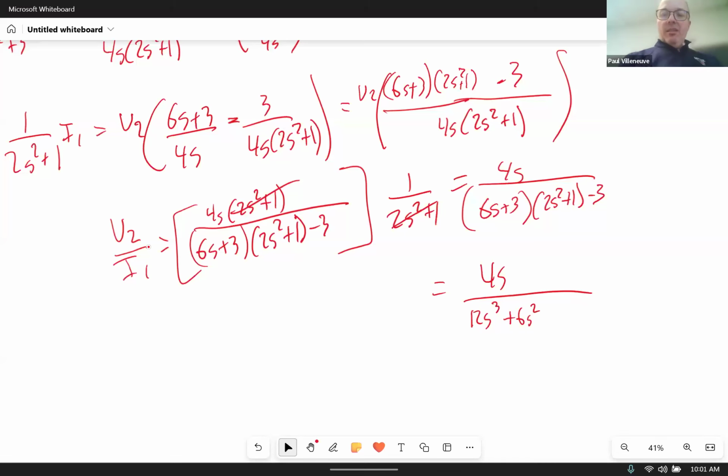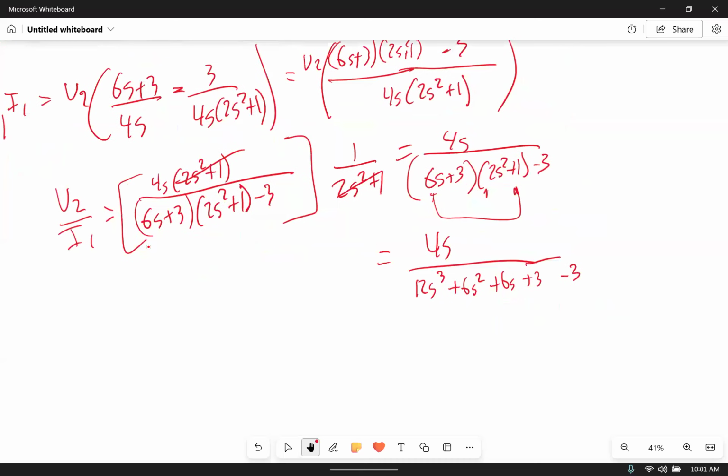The outer is plus 6s. Wait a minute. So there's 3s. So I do first, outer. That's the 6s. Inner, and then last, right?